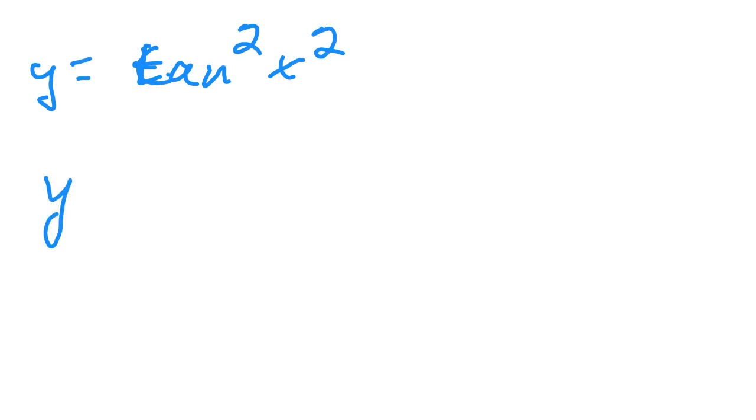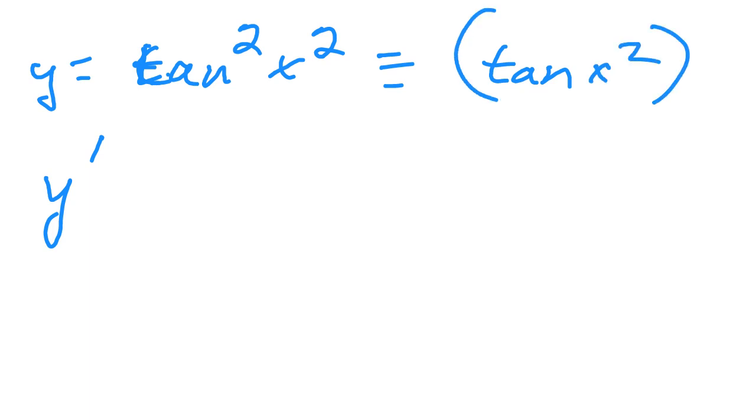Okay, so we had tangent squared of x squared, and you want the derivative of that, right? Correct, you want y prime. Okay, so I'm going to rewrite this as tangent of x squared, quantity squared.